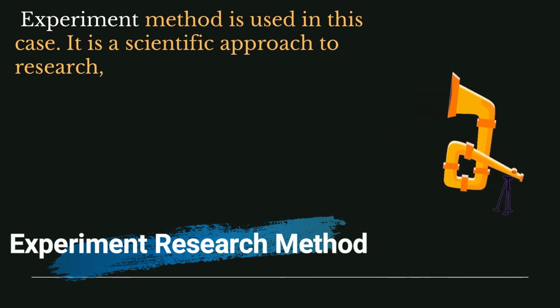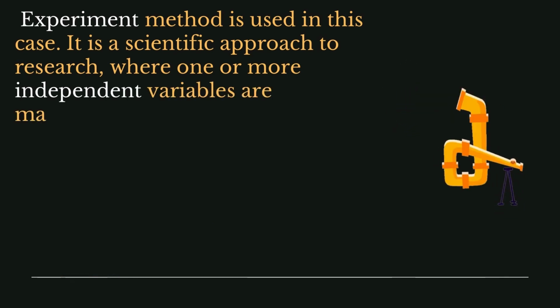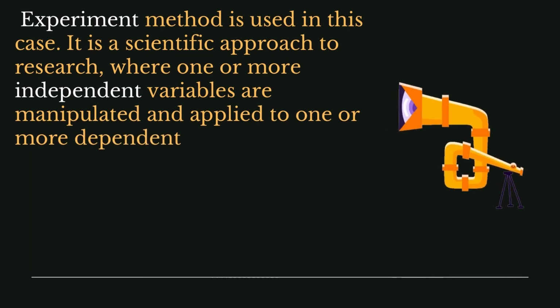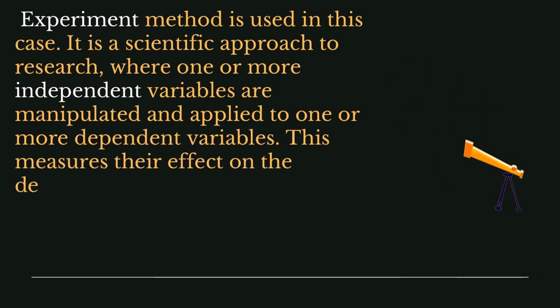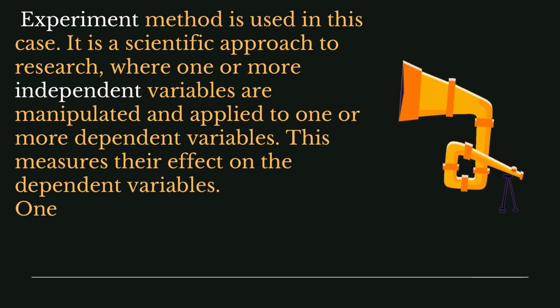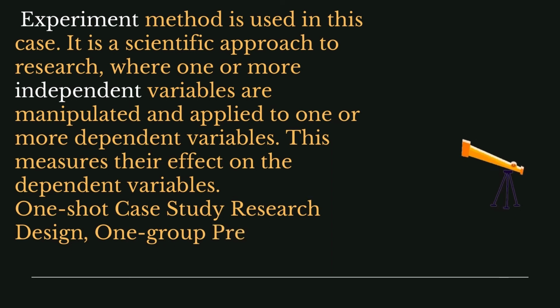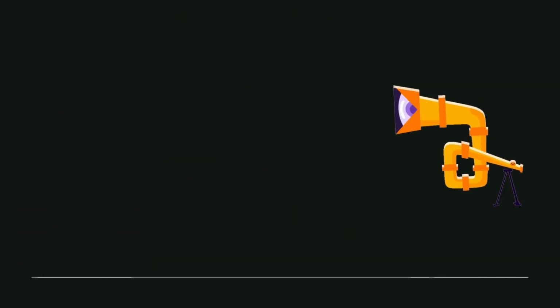As I have discussed in a previous video, the experiment method is the scientific approach to research where one or more independent variables are manipulated and applied to one or more dependent variables. This measures their effect on the dependent variables. We have the one-shot case study research design, one group pre-test post-test design.